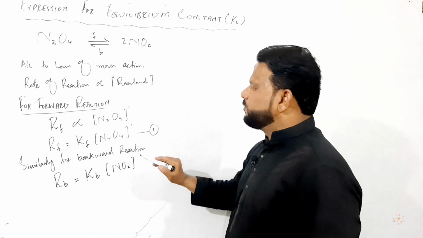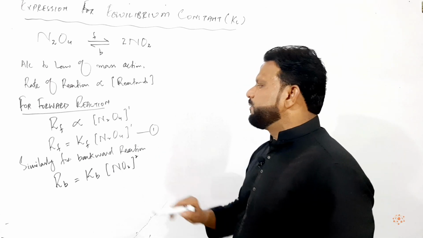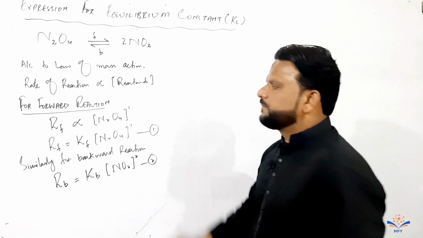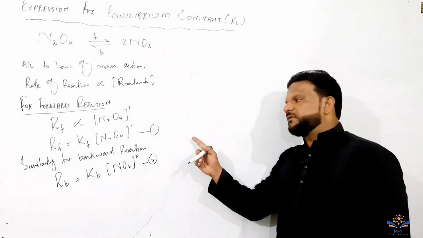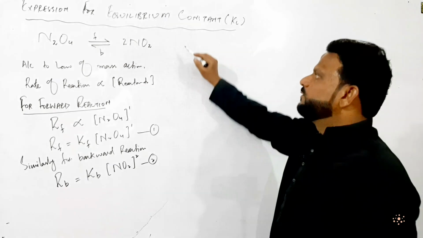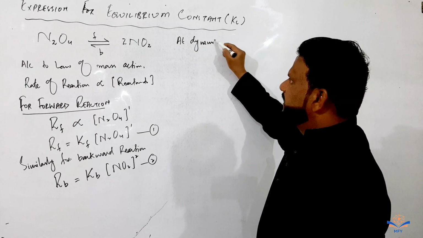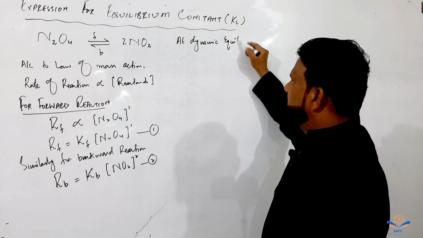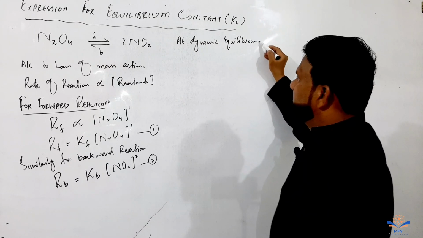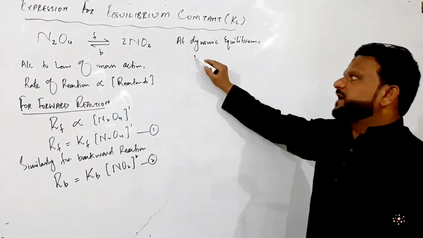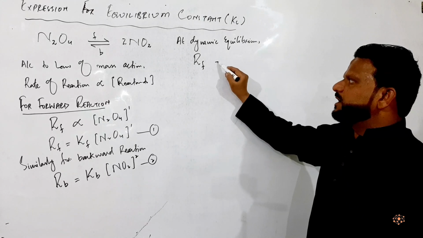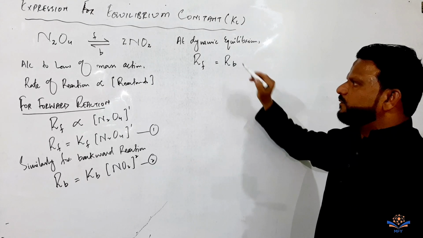And the coefficient is 2, it means that exponent will be 2, equation number 2. Now we have two equations, rate of forward reaction and rate of backward reaction. We know that at dynamic equilibrium, rate of forward reaction becomes equal to rate of backward reaction.